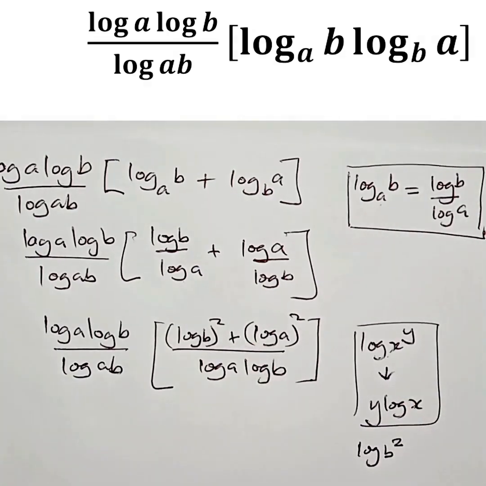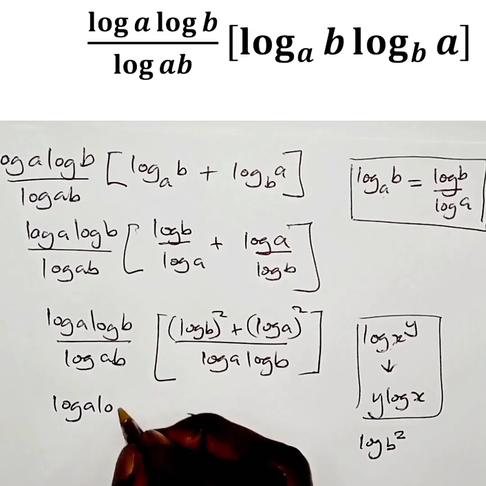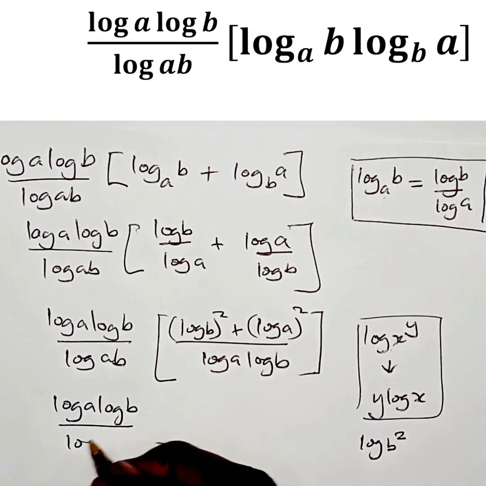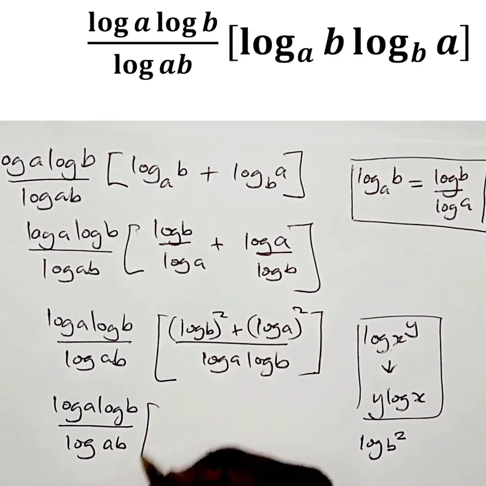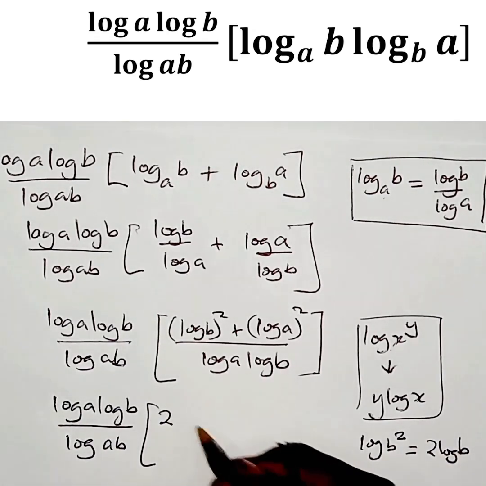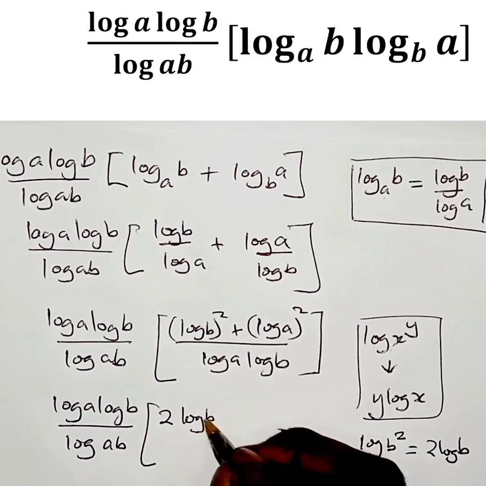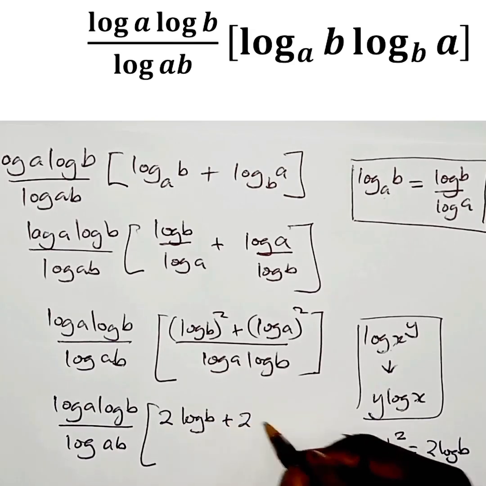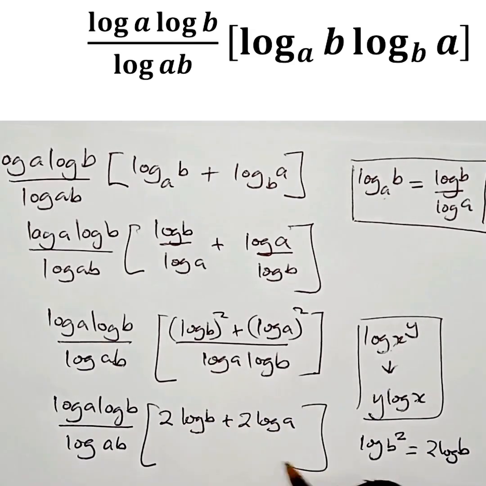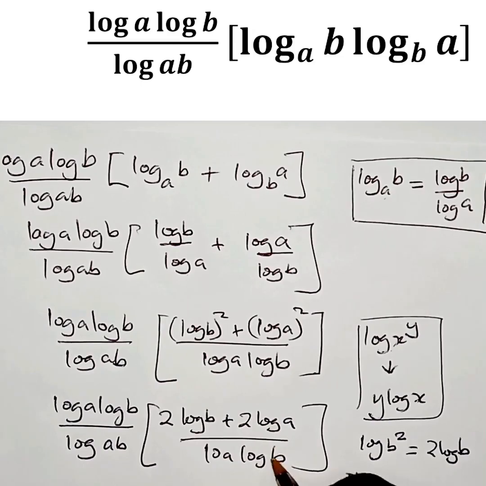So we're going to have log A log B over log AB. That's going to give us 2 log B plus 2 log A, and that's being divided by log A log B.